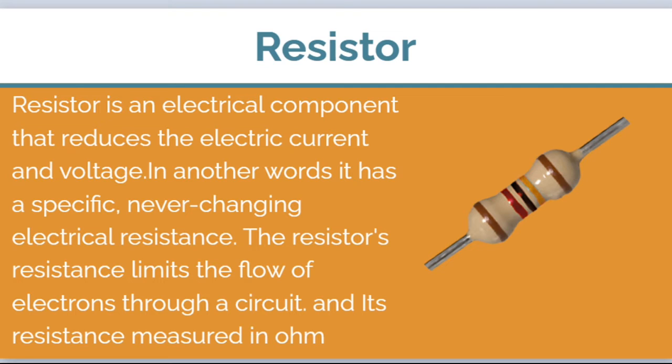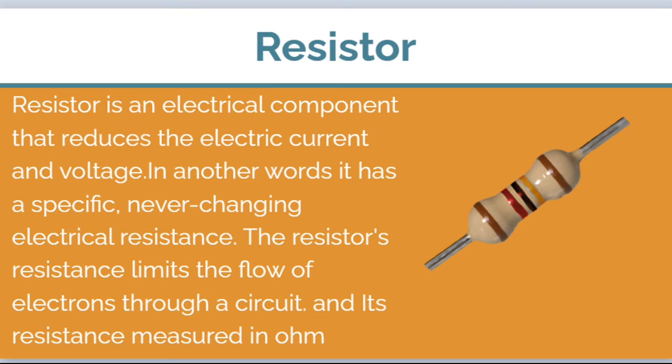So that means that the resistor is an electrical component, okay? This component reduces the electrical current and the voltage. So that means that this component reduces the value of electric current and voltage. In other words, we can say that this resistor has a specific never-changing value of electrical resistance.